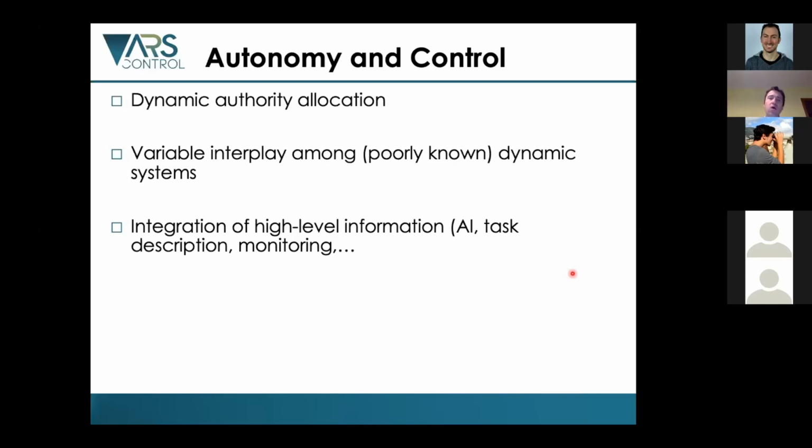So there is all this external high-level information injected into the overall shared control system that again produces dynamic changes in the architecture. If you're familiar with control, all these dynamic changes have to be carefully addressed because they can very easily cause instability, and so dangerous behavior for the human.